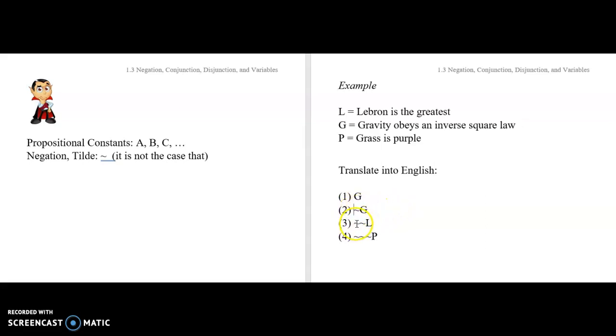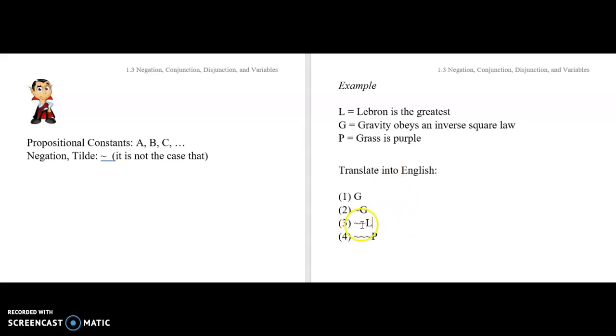Now, 3 would be read, technically, it is not the case that it is not the case that LeBron is the greatest. Some of you might have intuitively translated that as just LeBron is the greatest, as if it were L all by itself. And it's true that those sentences are logically equivalent, so in that sense, it's okay. But we want to be a little bit technical here.